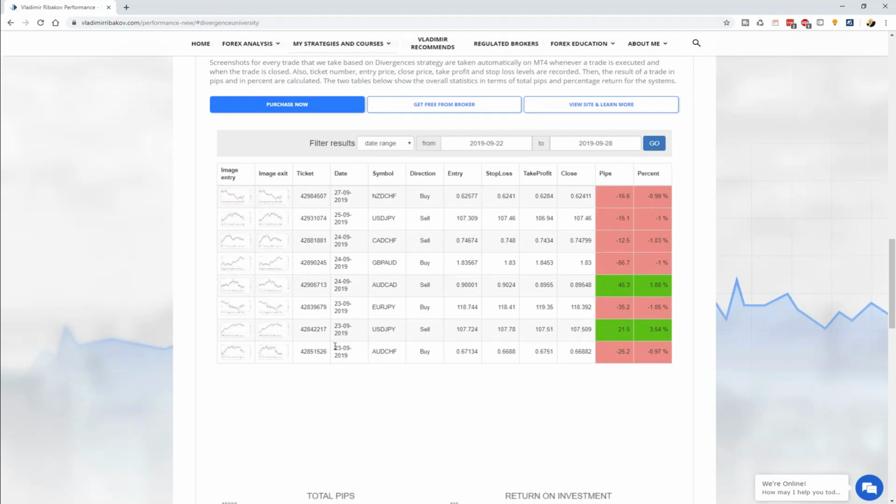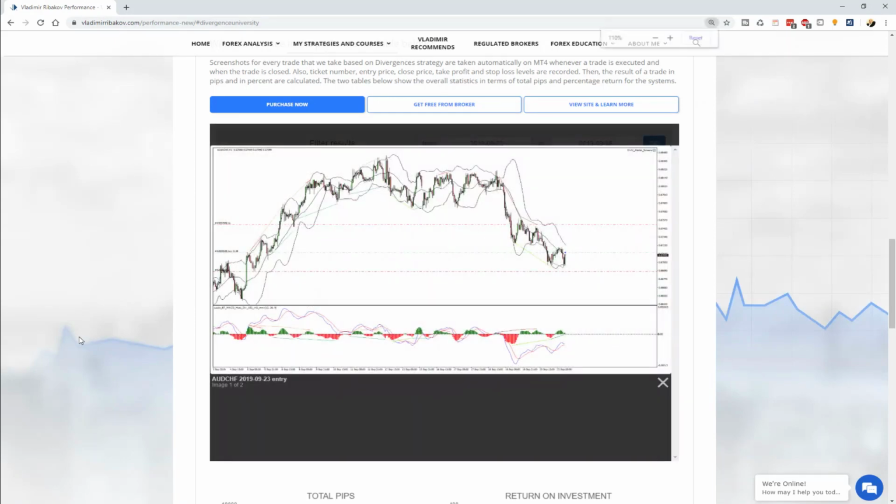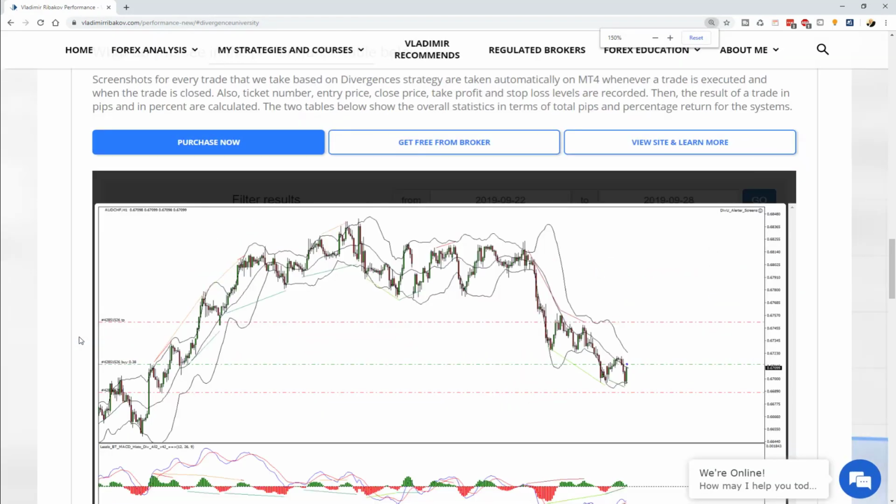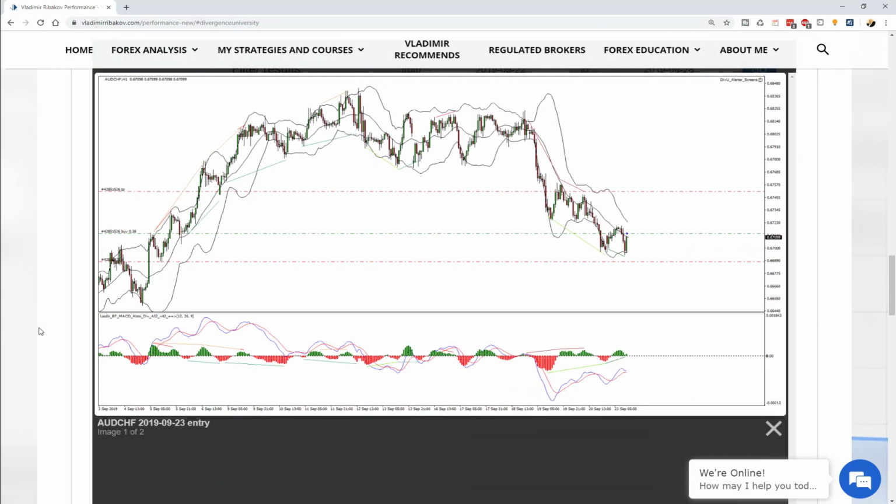First one, let's start from the bottom and go through the top. Aussie franc. Now, actually, I'm gonna zoom in a bit so we can see it clearer. Okay. So what do we see here, guys?